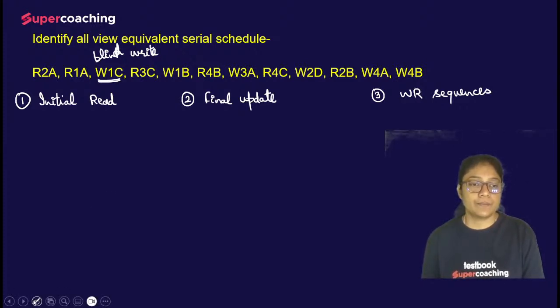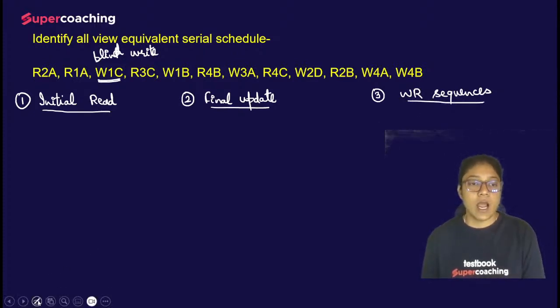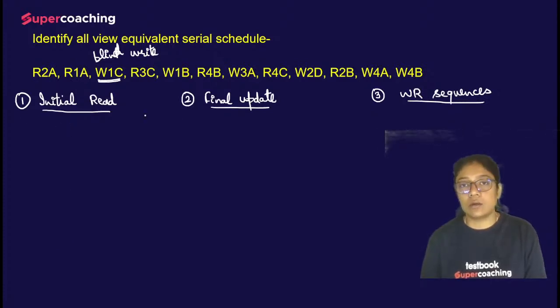Okay. Initial read, final update, and WR sequences. Identify them. किसके ऊपर देखेंगे initial read? On all the data items.